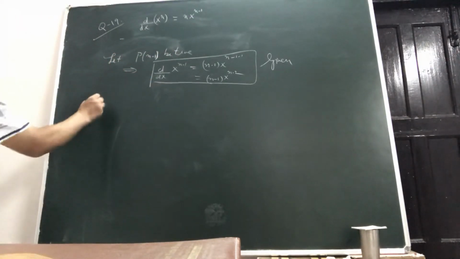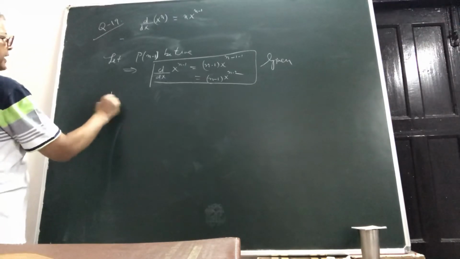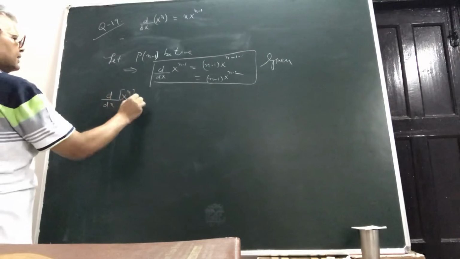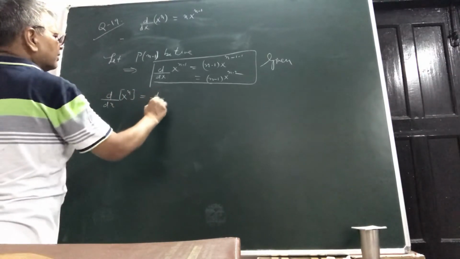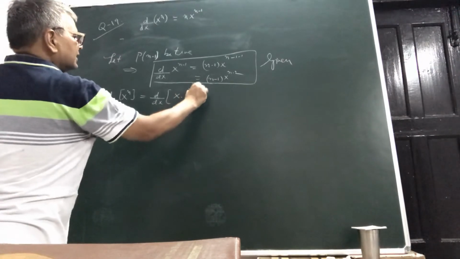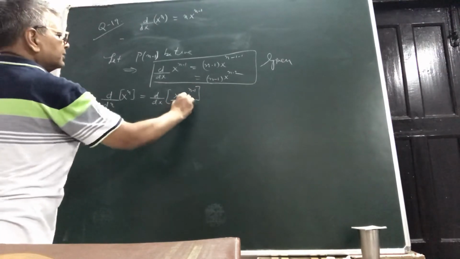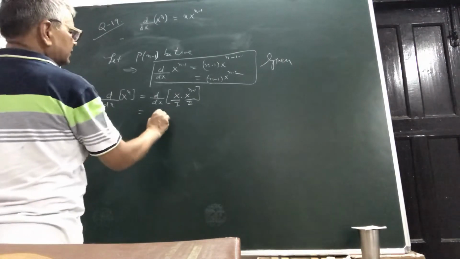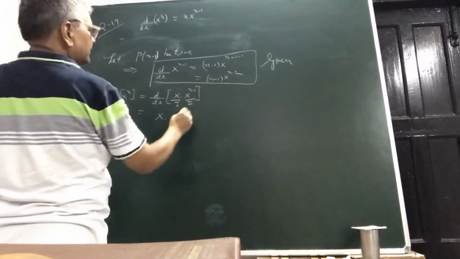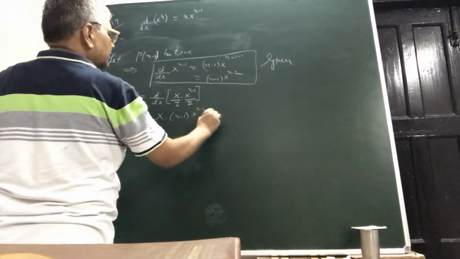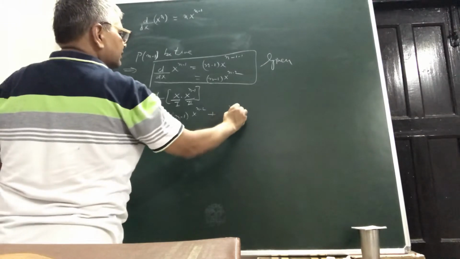Now d by dx of x raised to power n is d by dx of x into x raised to power n minus 1. Let us take x to be the first function and x raised to power n minus 1 the second function, and invoke the product rule. First function into derivative of second, that is given: n minus 1 x raised to power n minus 2, plus x raised to power n minus 1 into 1.